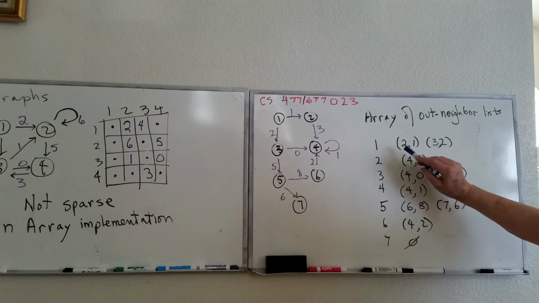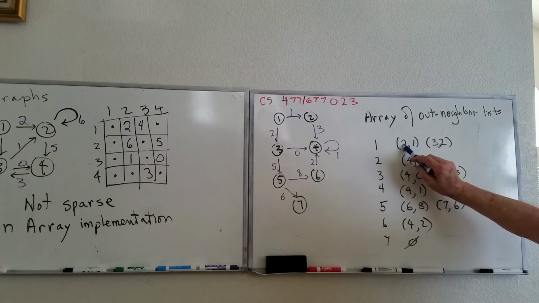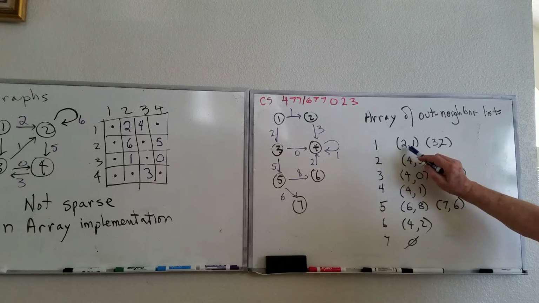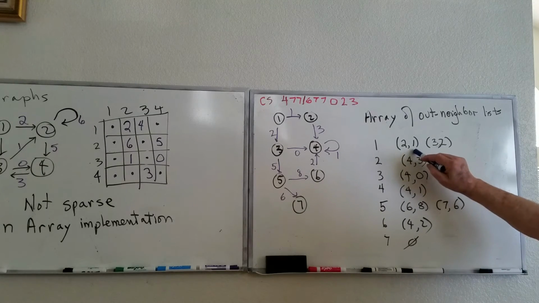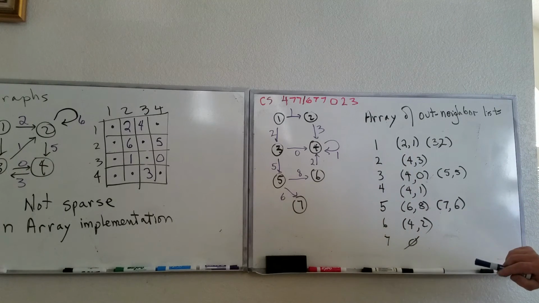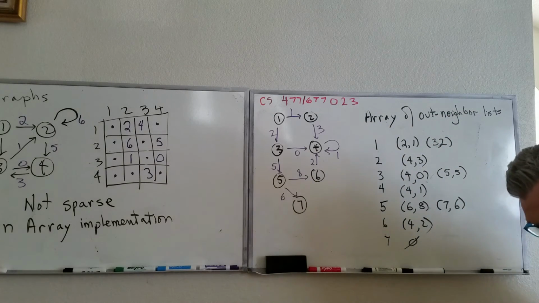Here, I'm listing in each of these an ordered pair, where this gives the index of the vertex that the edge points to, and this gives you the value along the edge. Of course, if there are no values, you don't need the second number. So we'll call that an array of out-neighbor lists. Now instead, we could have an array of in-neighbor lists. And if it's not a directed graph, we would simply have an array of neighbor lists.